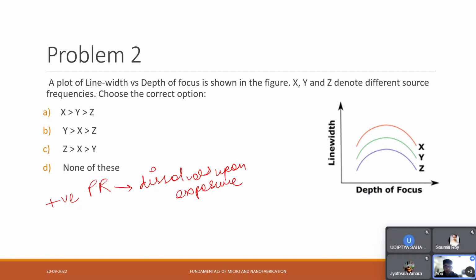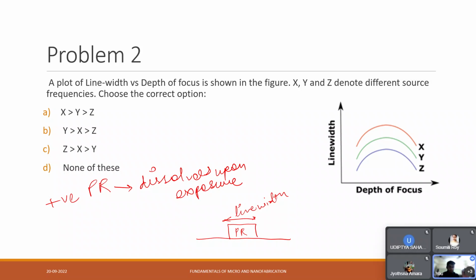So if you're confused about what line width is, if this is the photoresist, then the length is basically the line width. If you want to make such kind of structures, how will you make them?